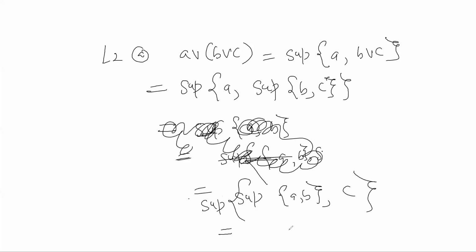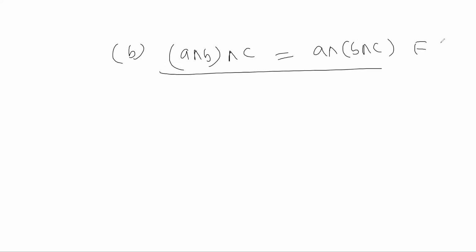It is the same as the supremum of A join B comma C, which is (A join B) join C. Likewise, you can see that the meet is associative too. You can just verify these axioms.